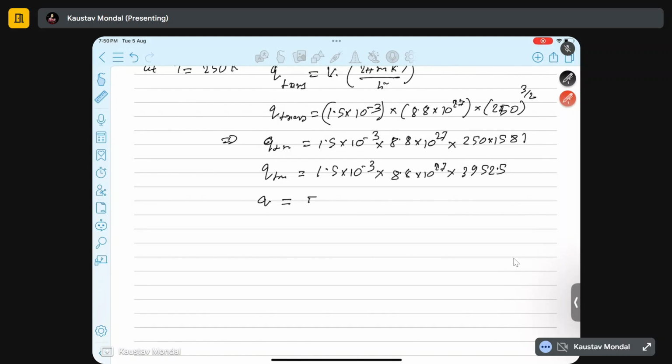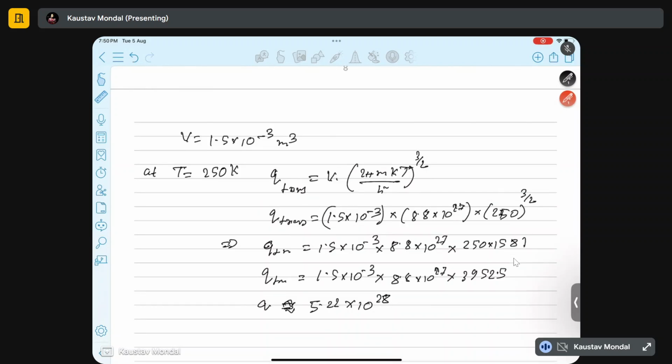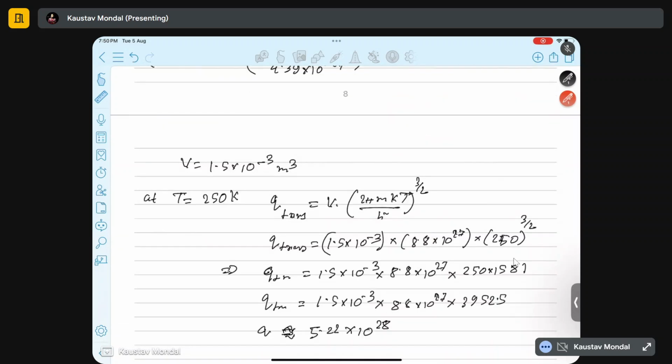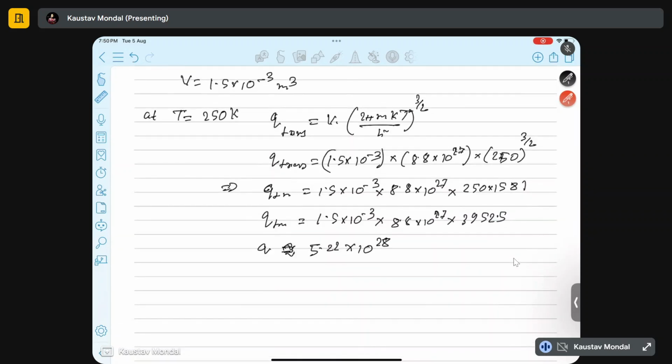This gives you 5.22 into 10 to the power 28. So okay, we got the value of the translational partition function at temperature 250 Kelvin.